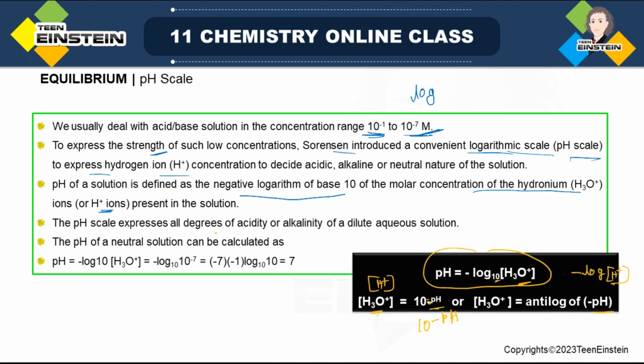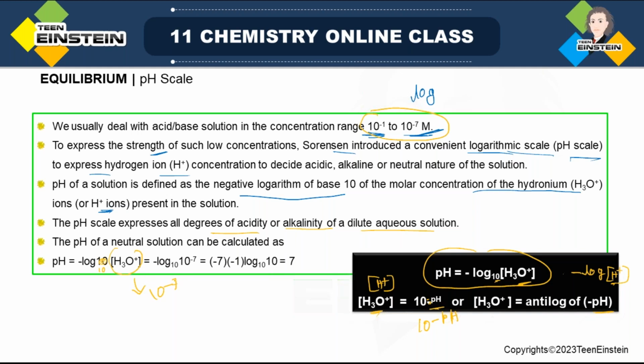The pH scale expresses all degrees of acidity or alkalinity, but it is only for dilute solutions where the ranges are like this, not for concentrated ones. So here we have one example for the pH of a solution. Sorry, here it is a subscript, not like this: minus log 10 H3O plus, and suppose H3O plus is 10 to the power minus 7.